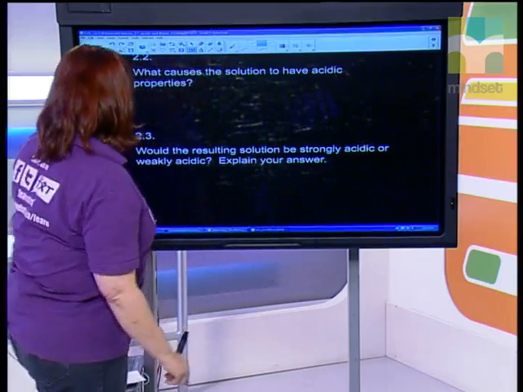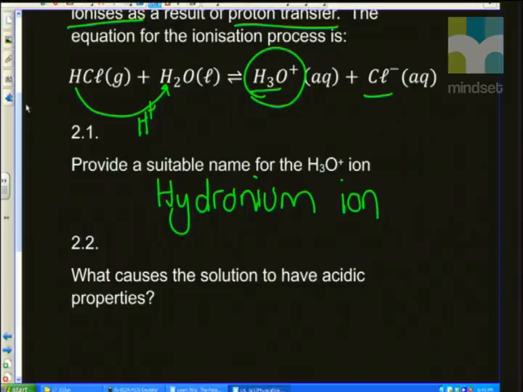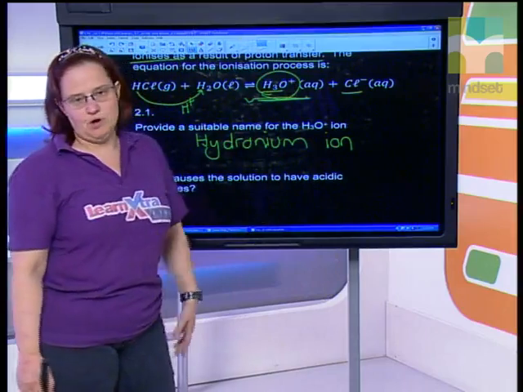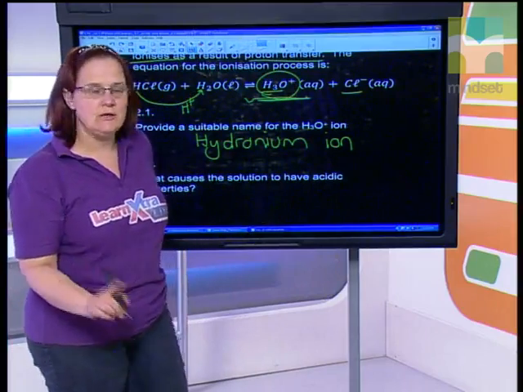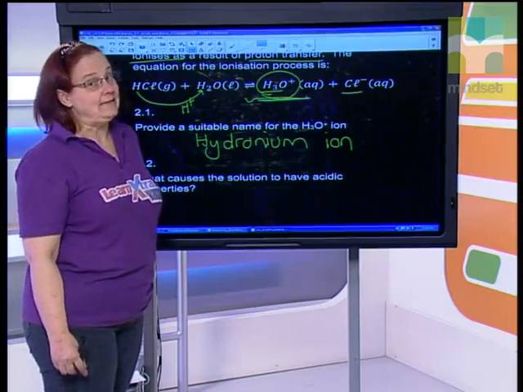It's a strong acid. The point here is because it's a strong acid, when the HCl ionizes in water, it produces a lot of H3O plus ions. This is strongly acidic. There is a very high concentration of H3O plus ions in the solution because the HCl ionizes almost completely.